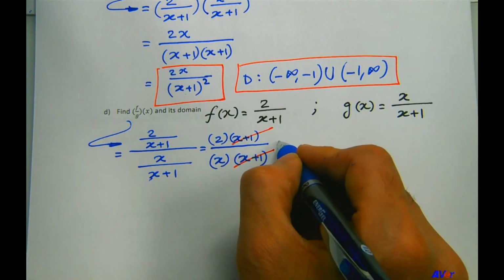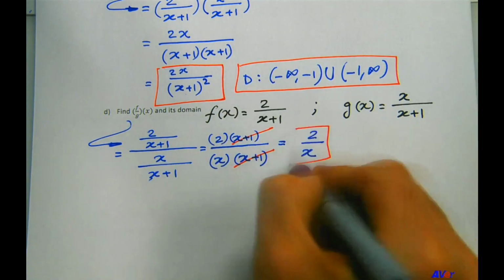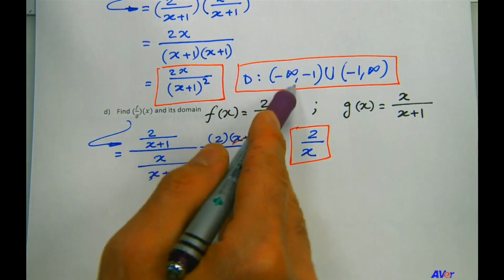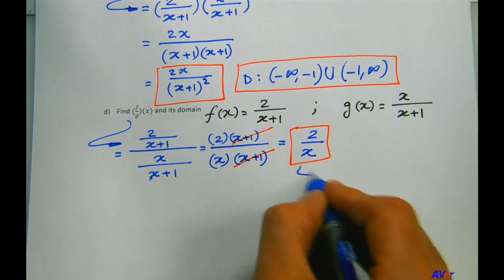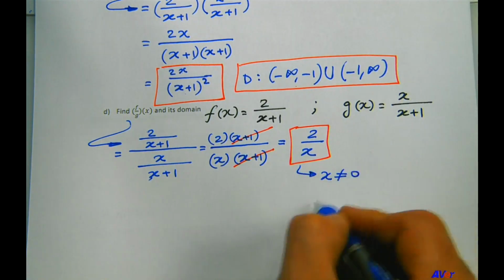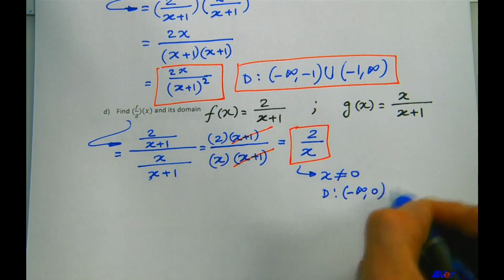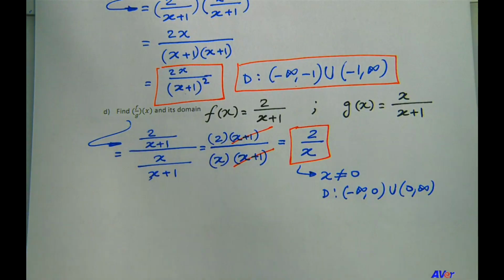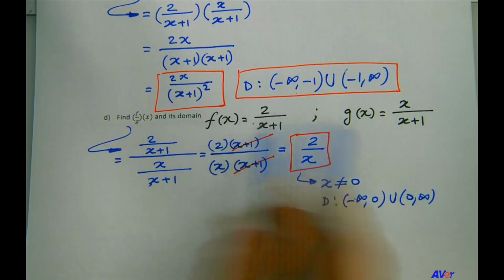Okay, so the combined function then becomes 2 over x. That's the combined function. Now the combined function has a domain that is different than that, right? So let's see what the domain of this is. So here, x cannot be equal to 0. Therefore, the domain for this piece is negative infinity, comma 0, union 0, comma infinity. Is that the final domain for the combined function? No. We need to take the intersection of this domain with that domain, the domain of both of those parent functions.